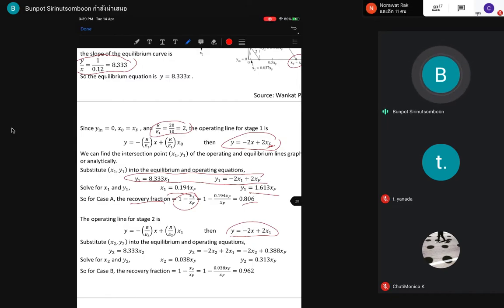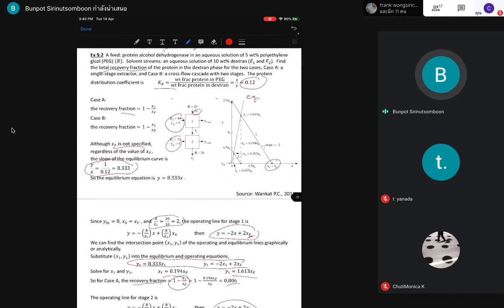So this is the equilibrium equation, and this is the overlapping equation, to solve for y2. Then we solve, and you get these values. Again, put in the equations here, and xf is going to cancel out, and you get the answer.